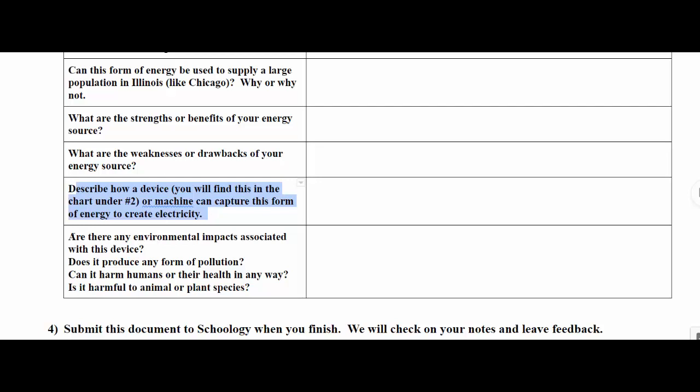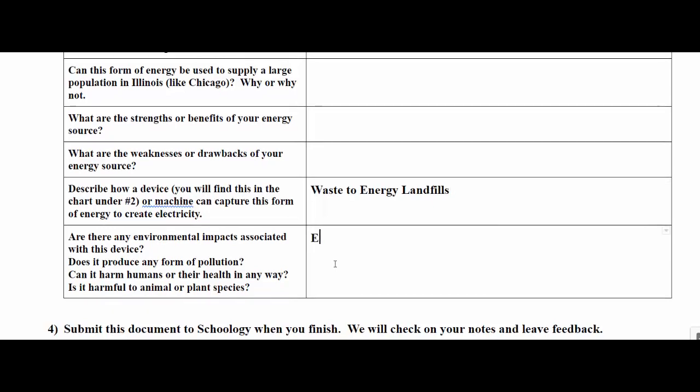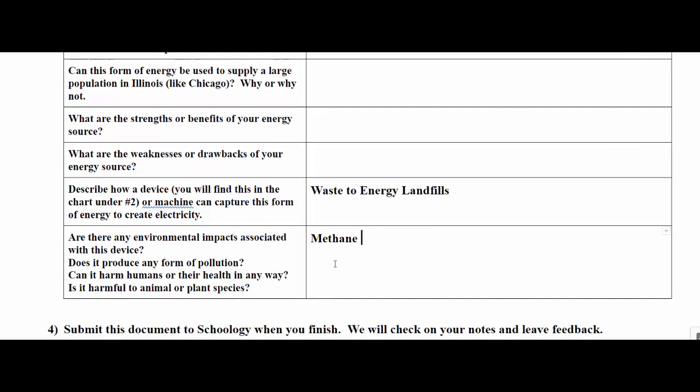And then the last one asks about, are there any environmental impacts associated with the device? So if I'm talking about waste to energy landfills, talking about methane or natural gas, you can look and see, are there any environmental impacts that come up when we're talking about using this energy for waste to energy landfills?